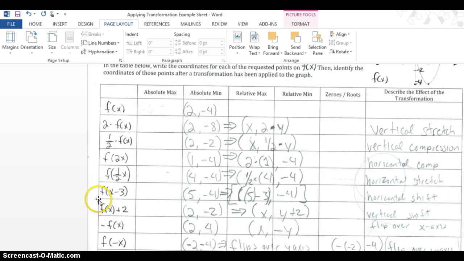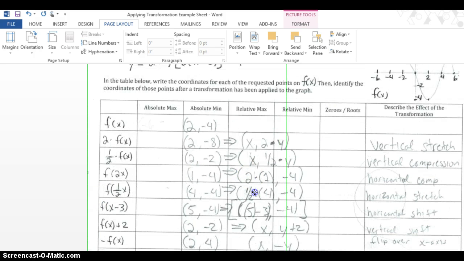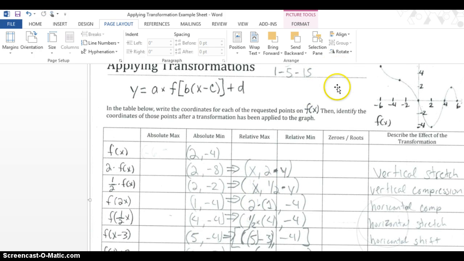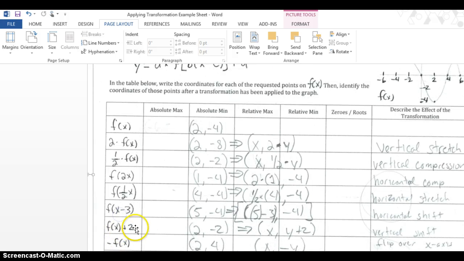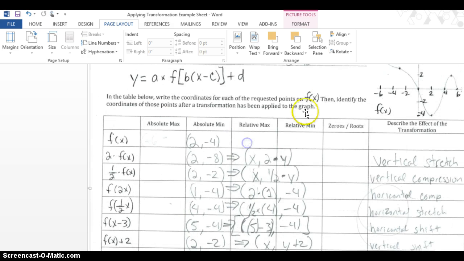Here, remember, this flips your whole graph about the y-axis. So right now, I've got an absolute min at 2, -4. This min is going to be flipped over, and it's going to occur at -2. So my new absolute min and a relative min as well will be at -2, -4.